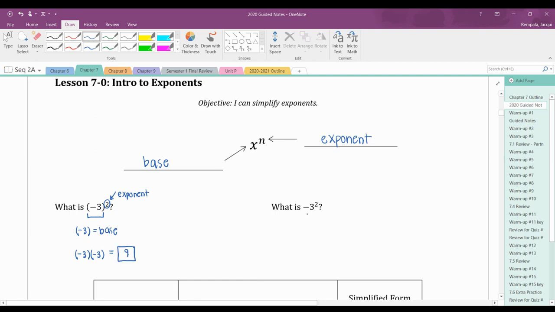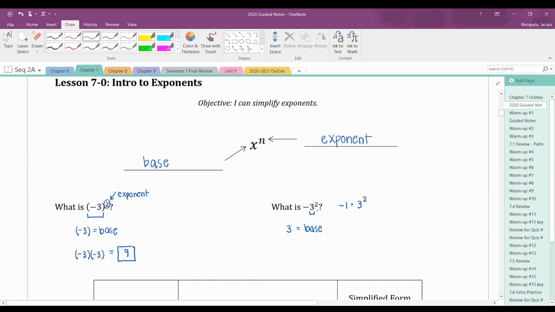If I look then at this next question, it says, what is -3 squared? Notice this time there are no parentheses. And so we have to understand that in this case, only the 3 is going to be the base. So what I like to do is rewrite this problem as -1 times 3 squared.